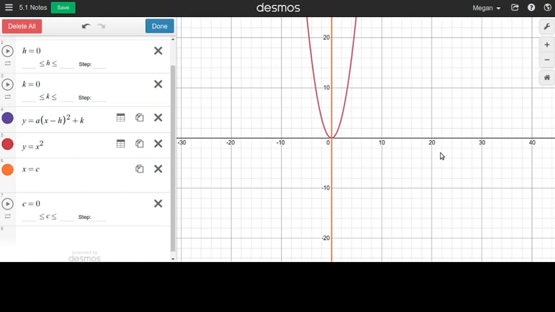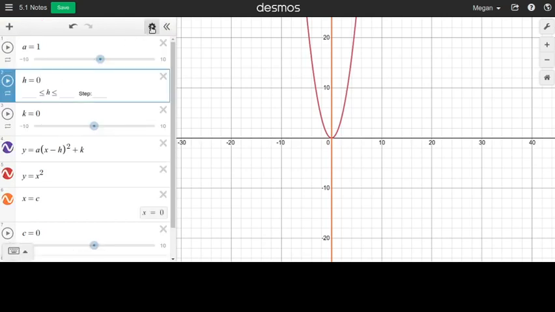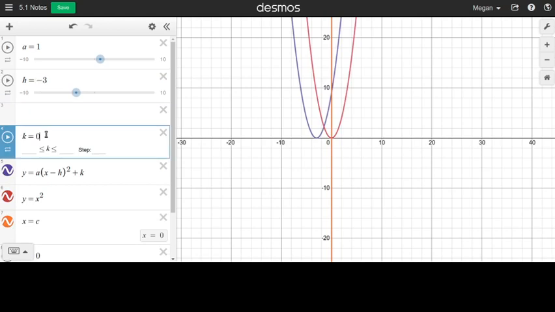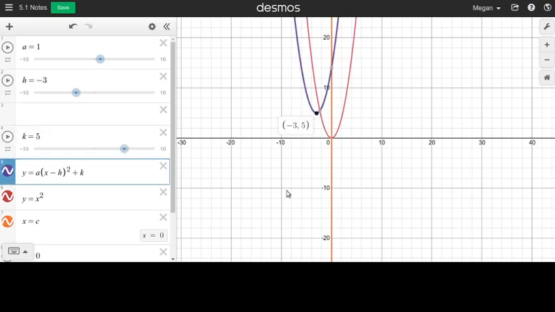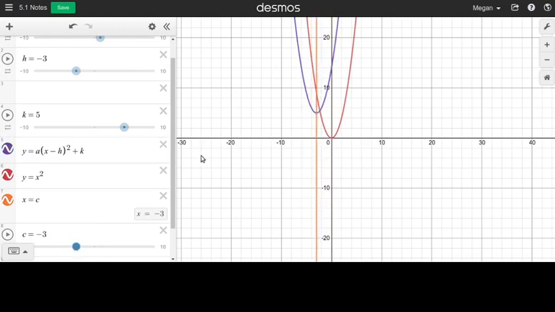So if I change my vertex here to negative 3, and make k equal to 5, there, I've moved my parabola over. Now it's got vertex negative 3, 5. I'm going to take my slider for c and see if I can slide the line over until it's again, there it is, again, axis of symmetry for my parabola.